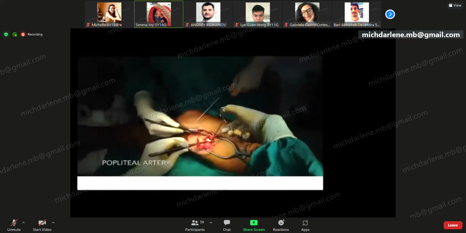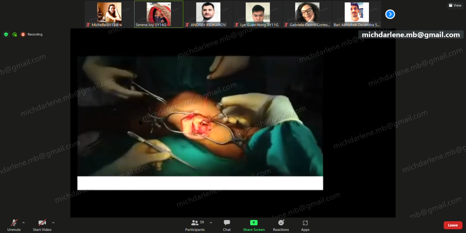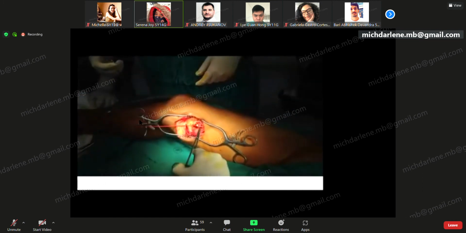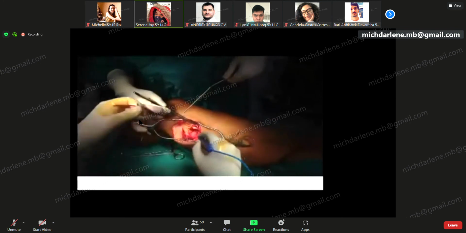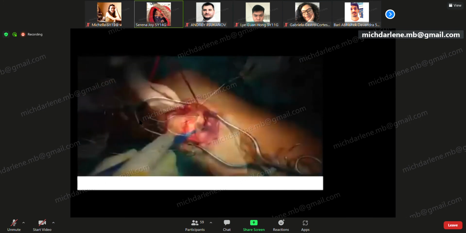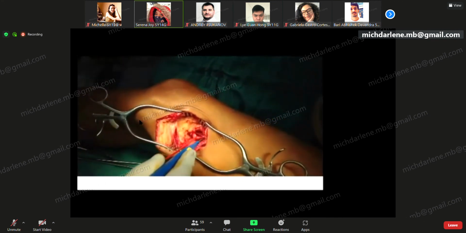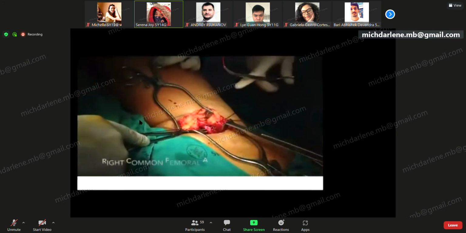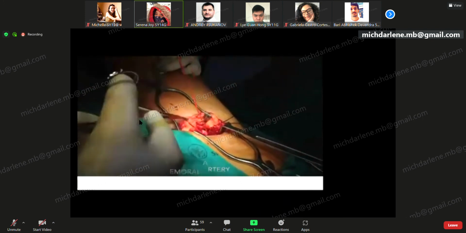The patient had amputations and, on the right leg, the bypass operation was made. The popliteal artery. Common femoral artery.